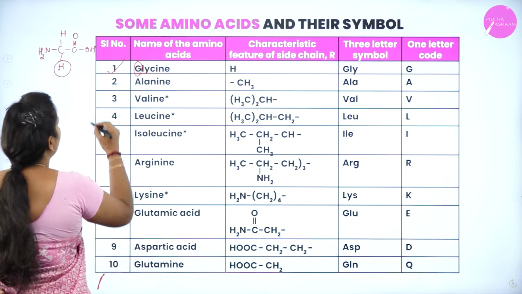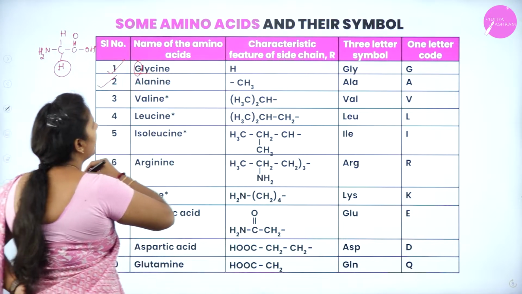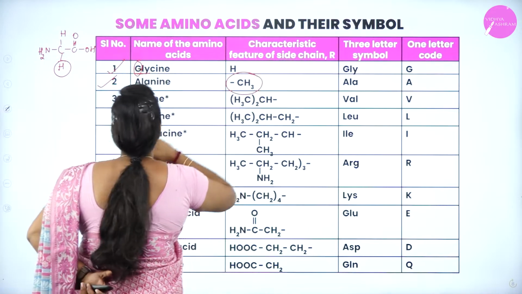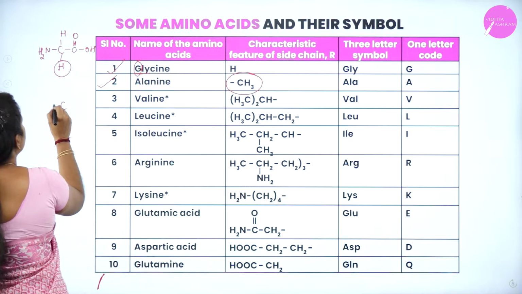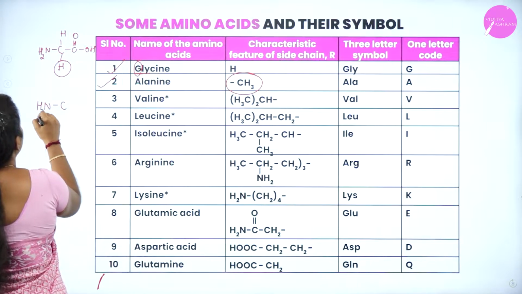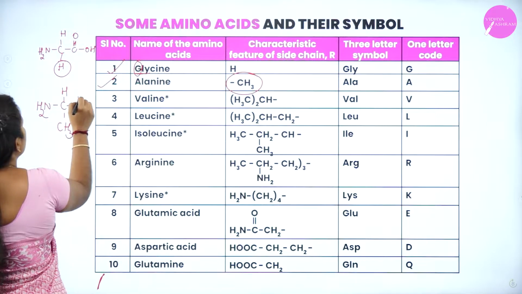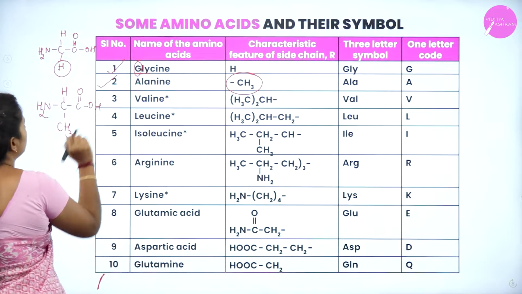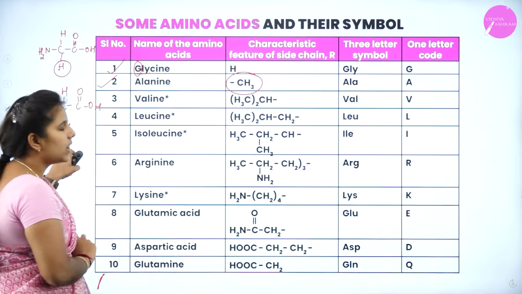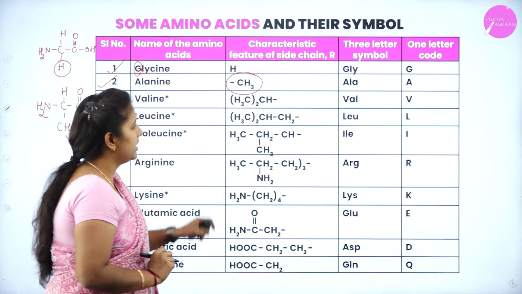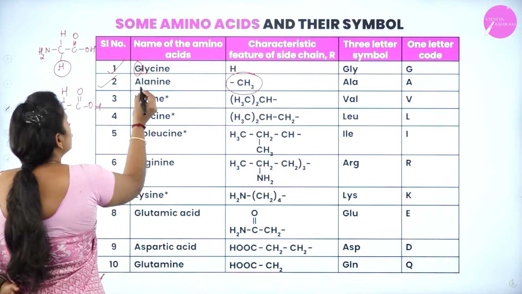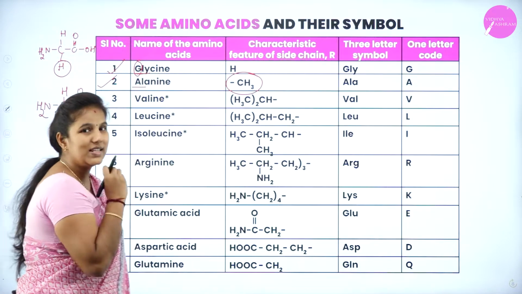Next we'll go for alanine, where my variable group is CH3. So I can write the structure as NH2, H, CH3, COOH. So this is R which has been replaced with CH3, and the first 3 letters for alanine are ALA.